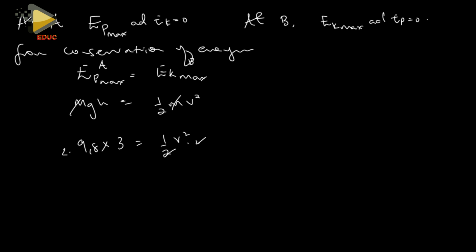We have 2 times 9.8 times 3, which gives us 58.8 is equal to v squared. And then I'll have to find the square root. My velocity there is going to be 7.668, which is 7.67 meters per second.